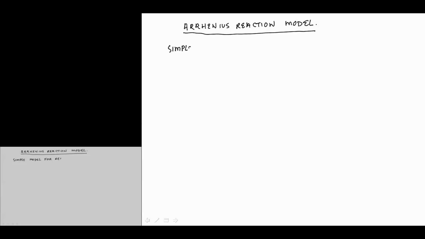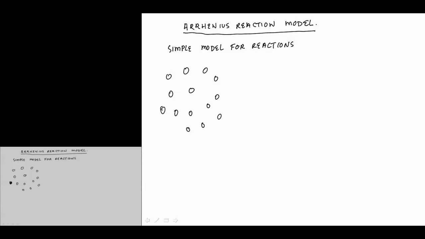Imagine we have, again, species W and B, and W and B form some species C. So we're going to look at the system that is composed of these black and white molecules, and just by virtue of the fact that they're at some temperature, they have random molecular motion.